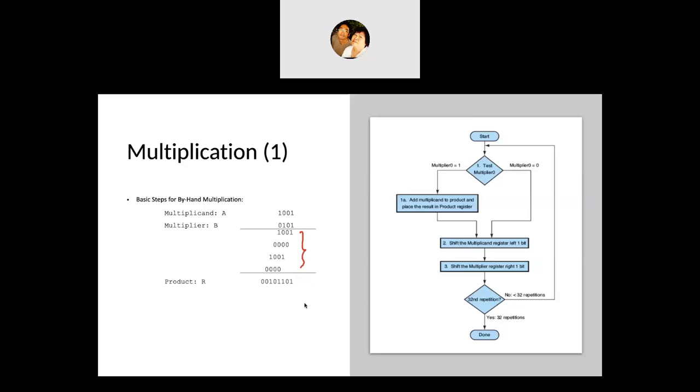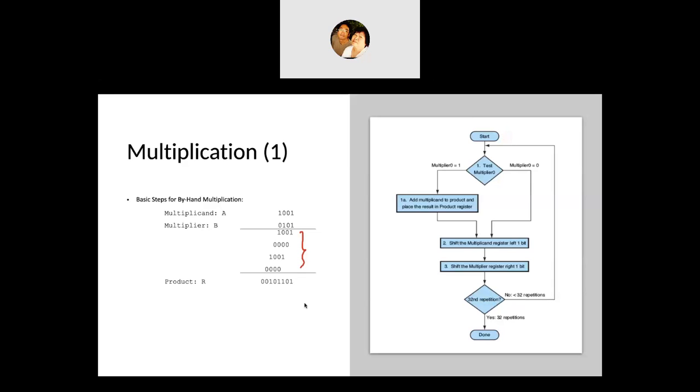If you would like to implement this kind of algorithm in hardware, how can we do that? To do it in software is quite easy. To do it by hand is very simple, and I believe that everyone can do it. But how can you translate it into hardware? This is the algorithm that we can use.